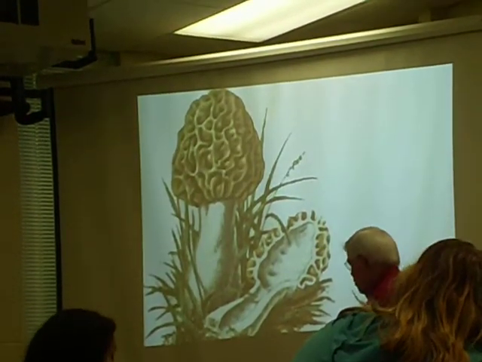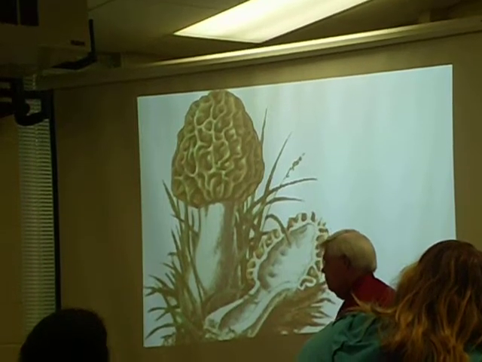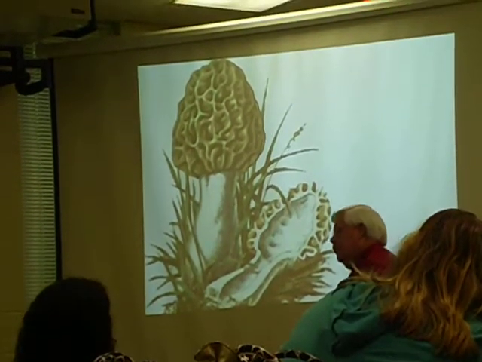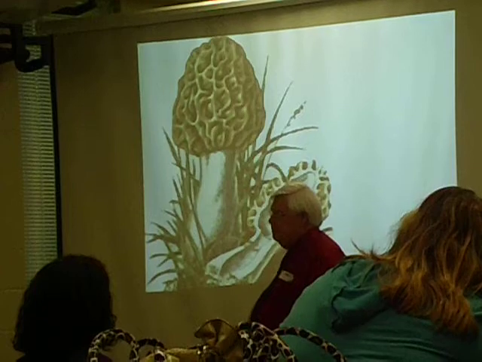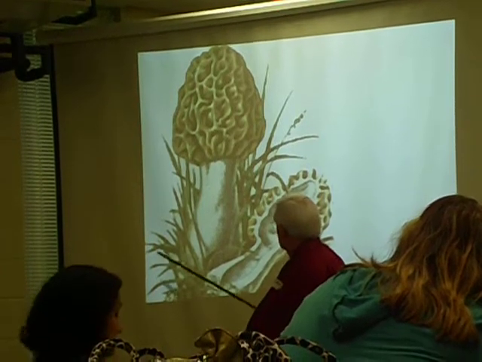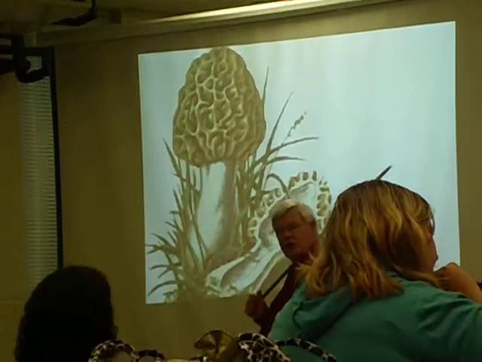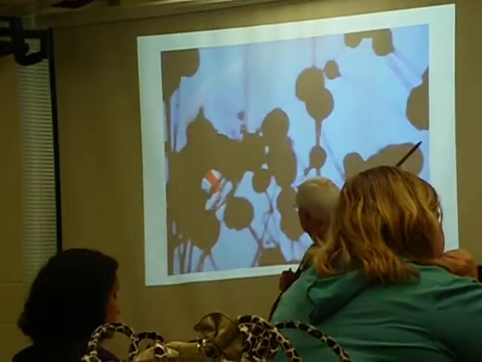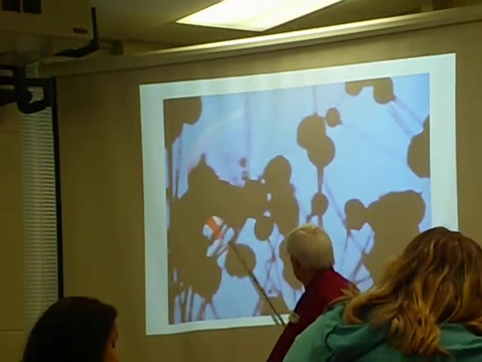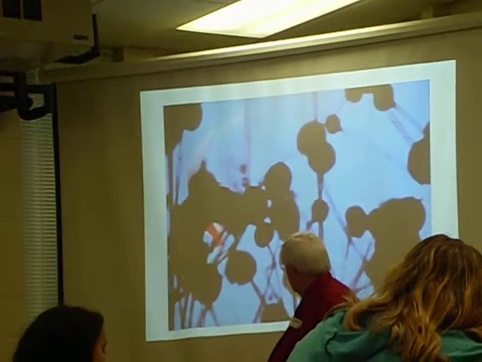What division? Ascomycota. Common name. And this structure is a what? The ascocarp. What are these black things? Sporangia.